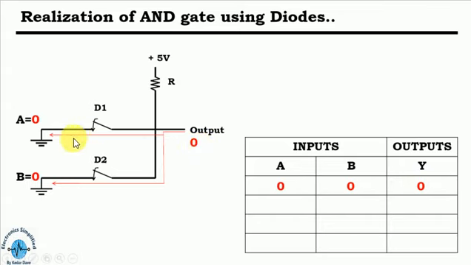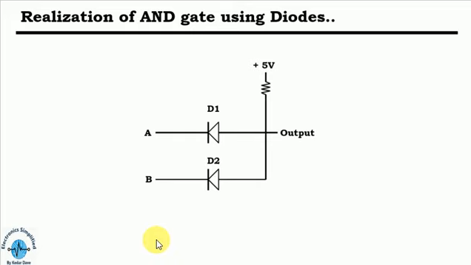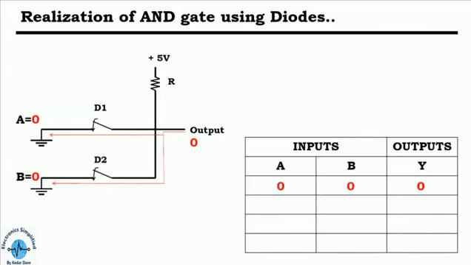Because the diode is now in the forward bias condition, but no output will be there as the current flows in the reverse direction. You can see this by these arrows.